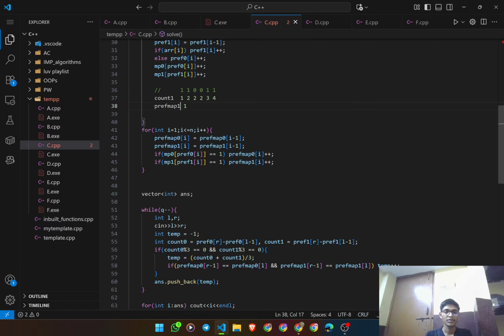This is the 1, here 2 is present multiple times, so there will be no changes. Here 3 is occurring for only 1 time, 4 is also occurring for only 1 time, so this will be our prefix map array.